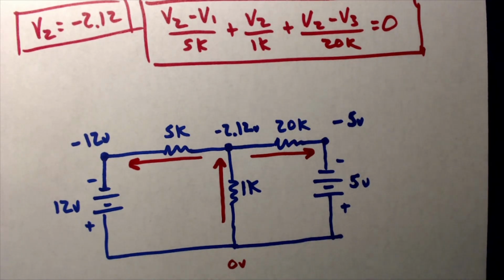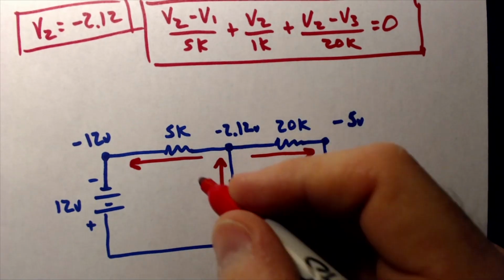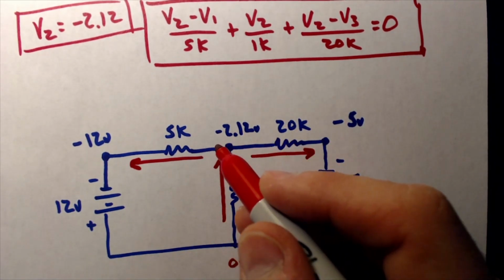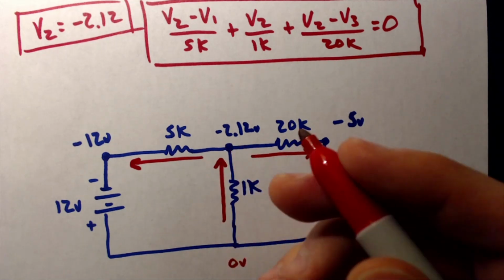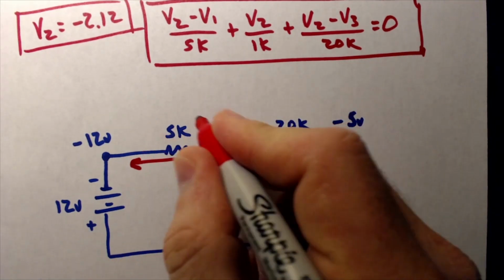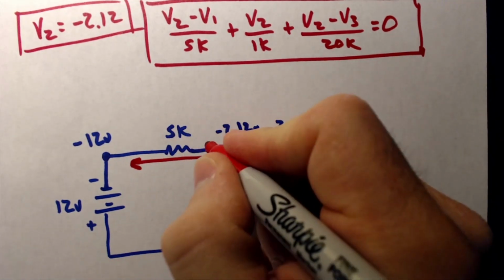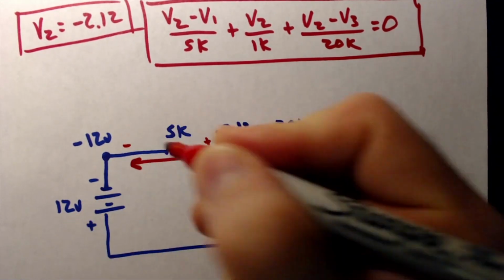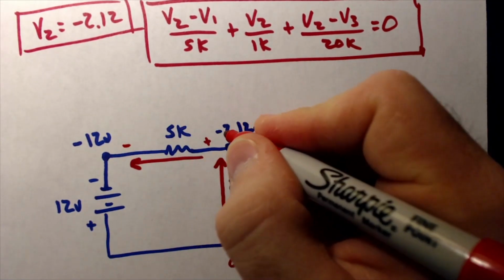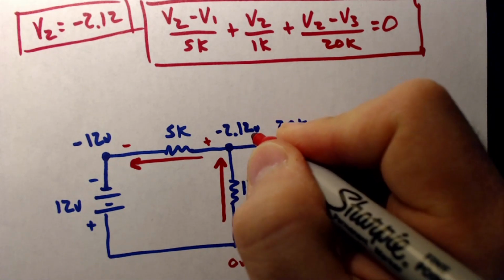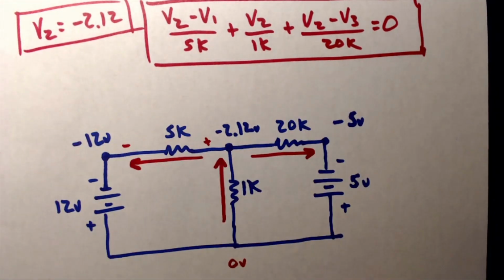So now let's go ahead and figure out what our voltage drops are. Now, here is, I think, where that trick comes in really handy. Let's just look at this 5K first. Current always goes from a higher voltage to a lower voltage, plus minus 2.12 minus a minus 12.